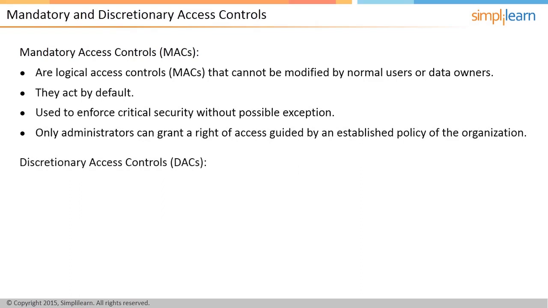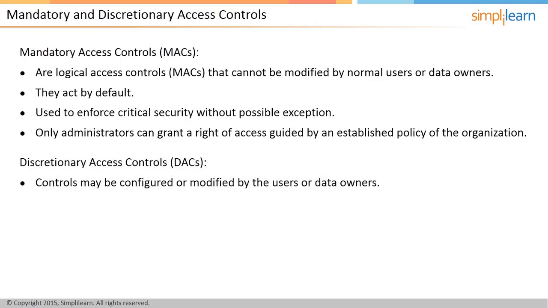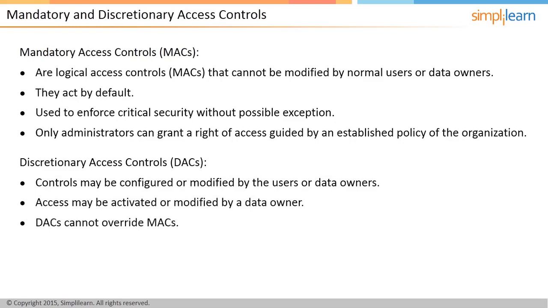Discretionary access controls, DACs, may be configured or modified by the users or data owners. Access may be activated or modified by a data owner. DACs cannot override MACs, and they act as additional filters to restrict access further. In the next few screens, we will learn about privacy management issues and role of IS auditors.